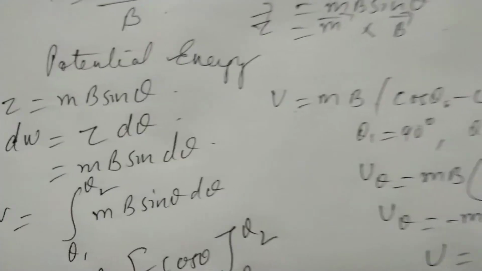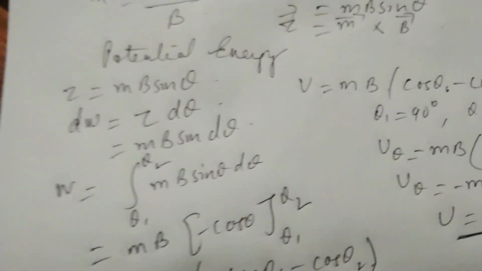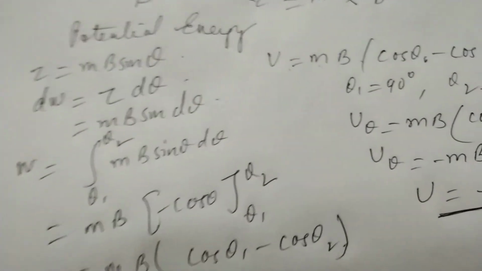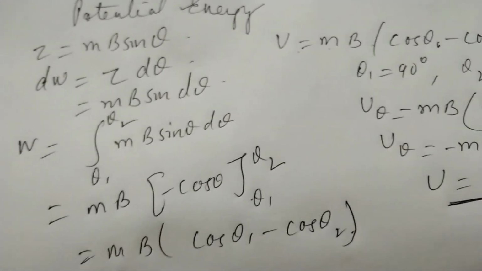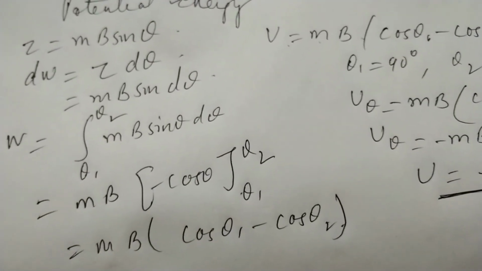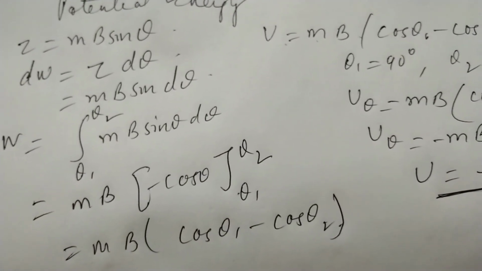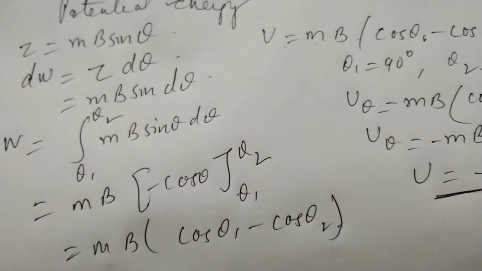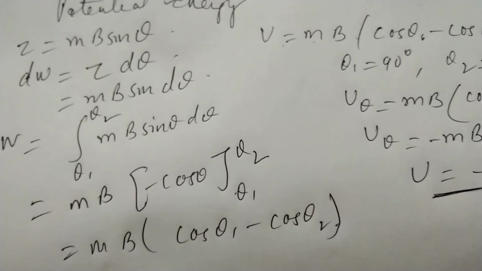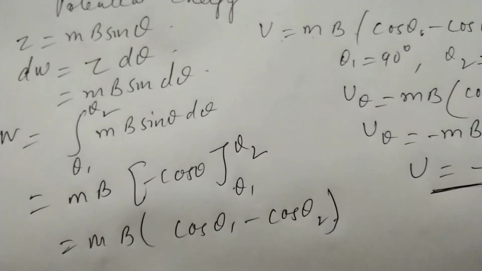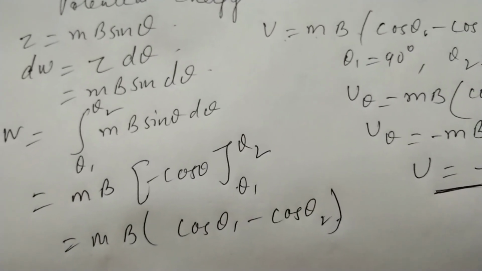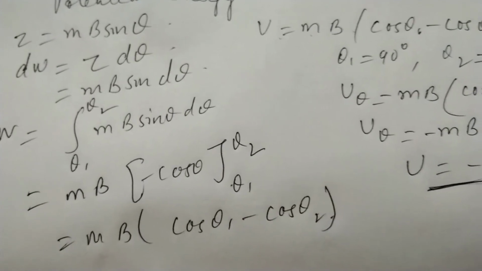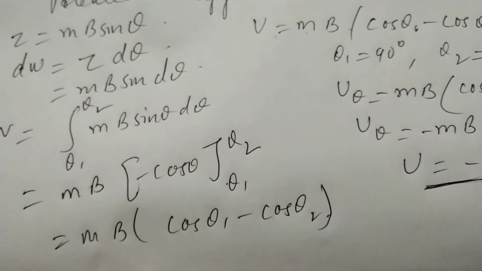So what is the condition, how do we find the potential energy? We have the formula for the torque, tau equals m B sin theta, which we just derived. Work done is dW equals tau d theta, m B sin theta d theta. We take the orientation from theta 1 to theta 2, that becomes the integral of m B sin theta d theta, and integrating sin theta we get minus cos theta from theta 1 to theta 2, giving m B cos theta 1 minus cos theta 2.